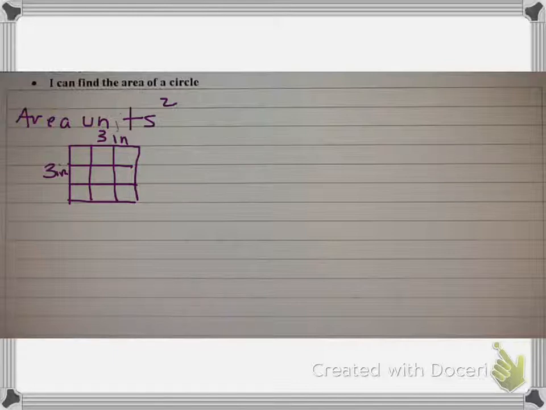Just like we could say 3 times 3 is 3 squared, same with the inches. So I would do my 3 times 3 gives me 9, and we would say that that's inches squared.